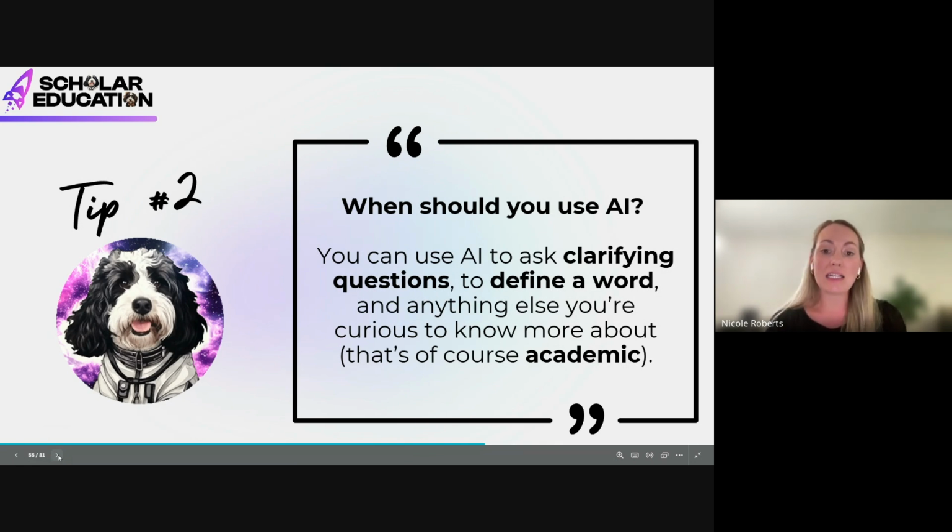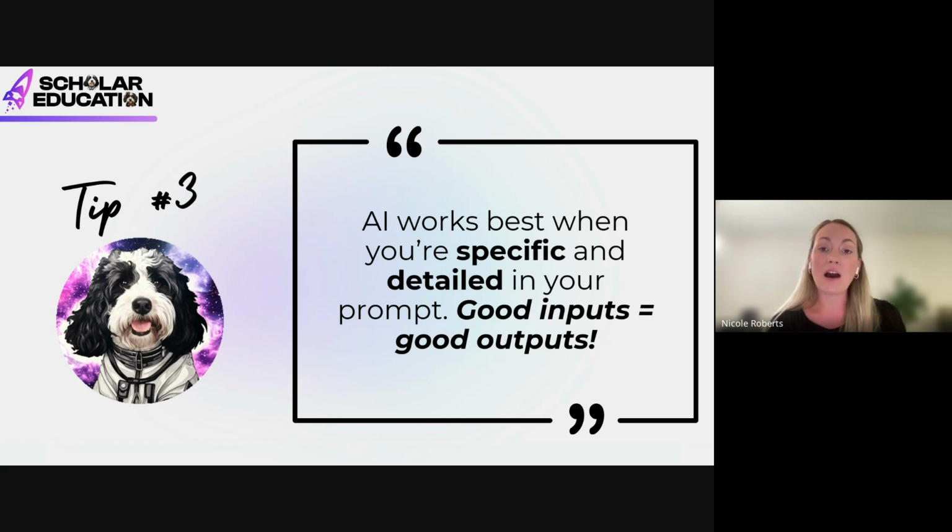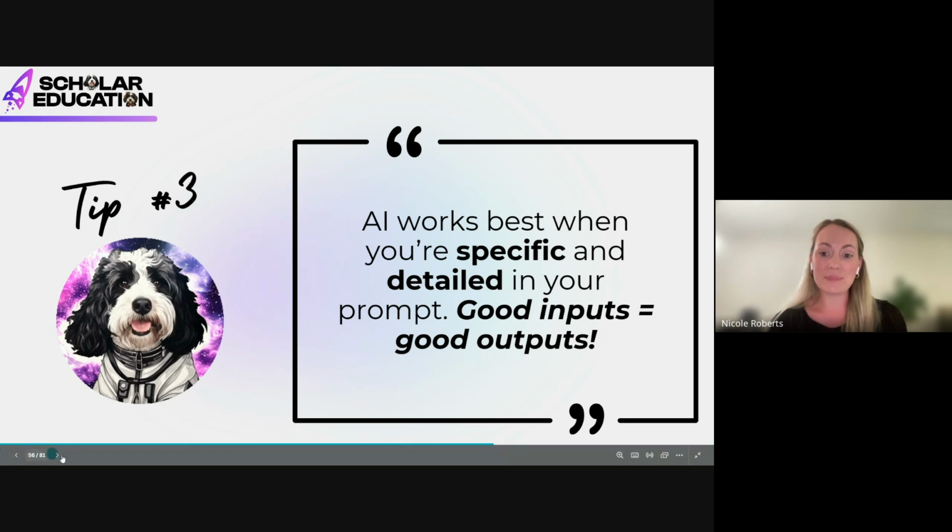You can use AI to clarify questions, define a word, and anything that you're curious to know more about. That's, of course, appropriate for the classroom. And tip number 3 is AI works best when you're specific and detailed in your prompt. So using that BARCS acronym. So good inputs equals good outputs.